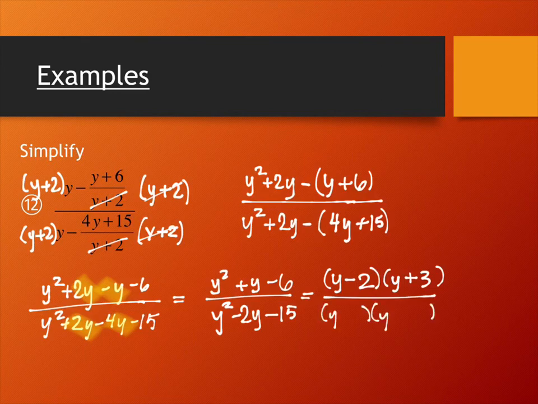What are my signs? Same as before. They're opposite signs, but they're the same as the numerator. I have one negative, because it's a negative 15, and one positive. So the negative 15 at the end tells me my signs have to be different from one another. Two numbers that multiply to 15 and add to negative 2: negative 5 and positive 3.